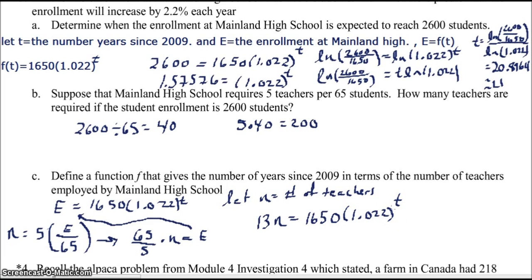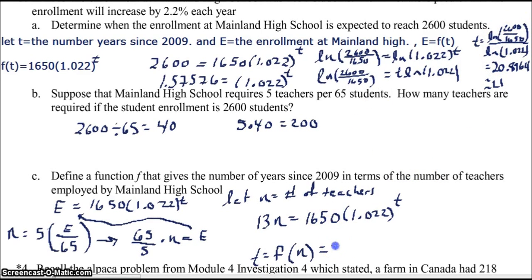And we really want t by itself. We want a function f that gives the number of years. We want our t to be in terms of f of n. And the work that we've already done up here gives us a clue of that function.